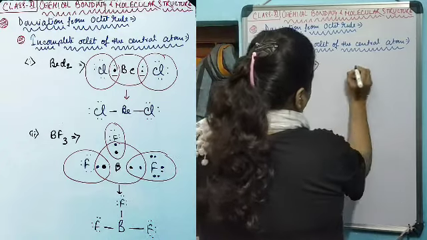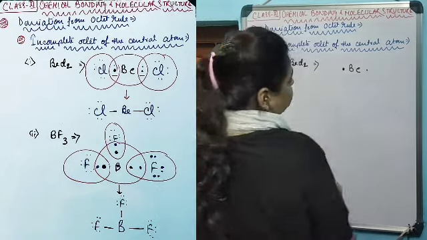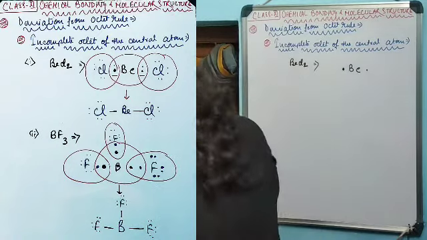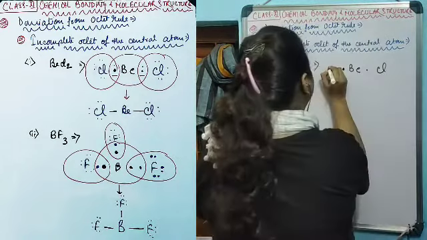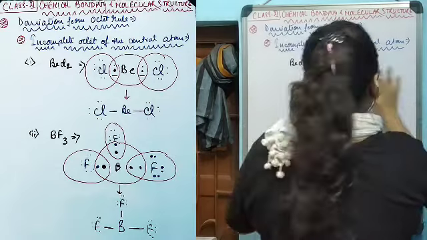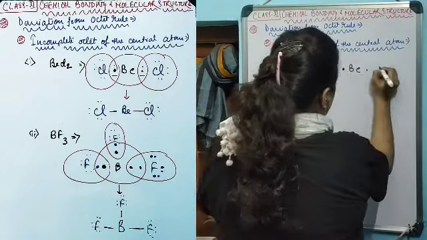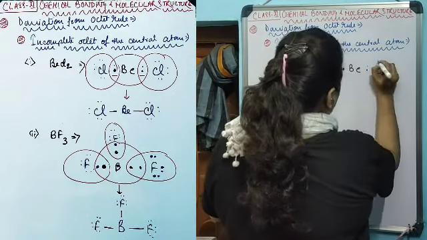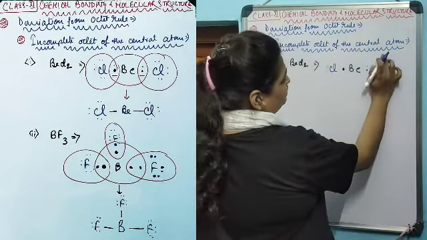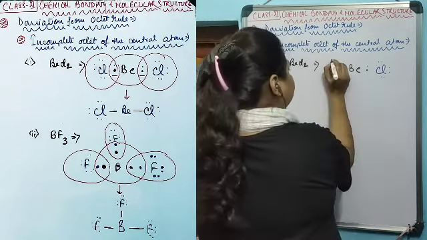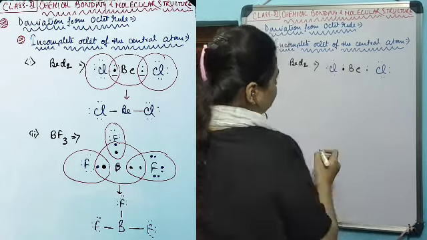is Be. In the valence shell, 2 electrons are present and it is joined by 2 chlorine atoms. Each one has 7 electrons in its valence shell: 1, 2, 3, 4, 5, 6 and 7. This chlorine also has 7 electrons.